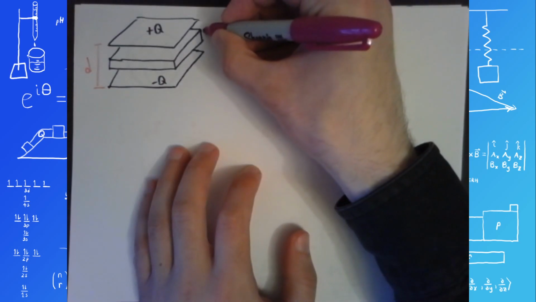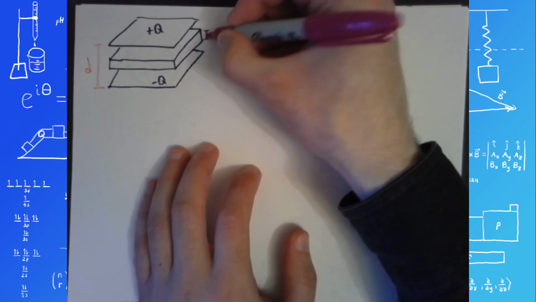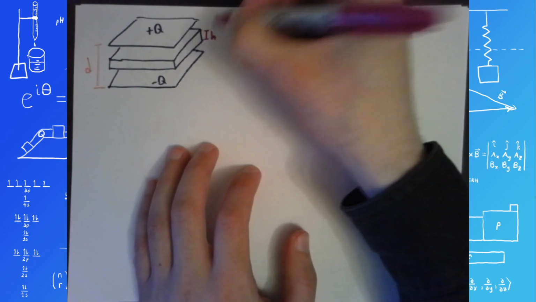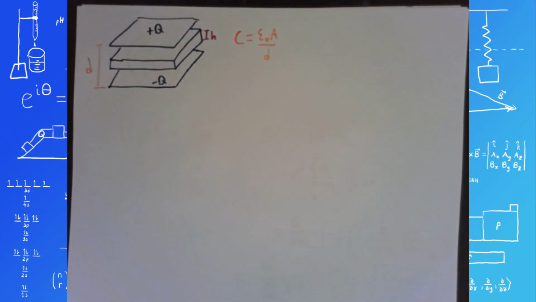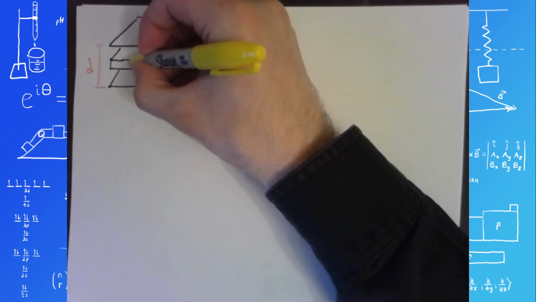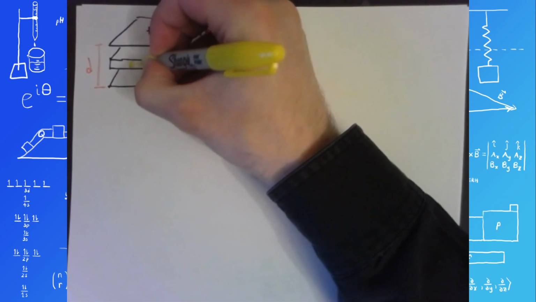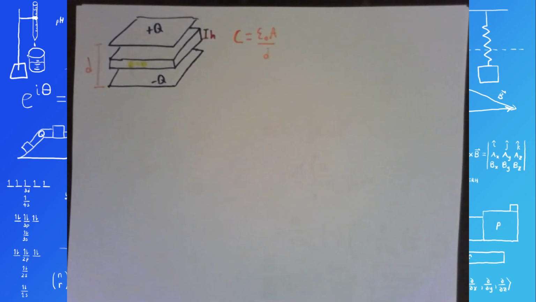Let's say that this thing has a height of h, and let's see what effect that would have on our system. So we know that the electric field inside the bulk of a conductor is going to be 0. Electric field equals 0 in here.